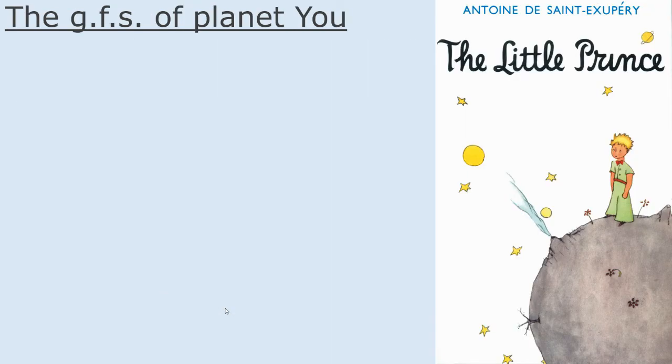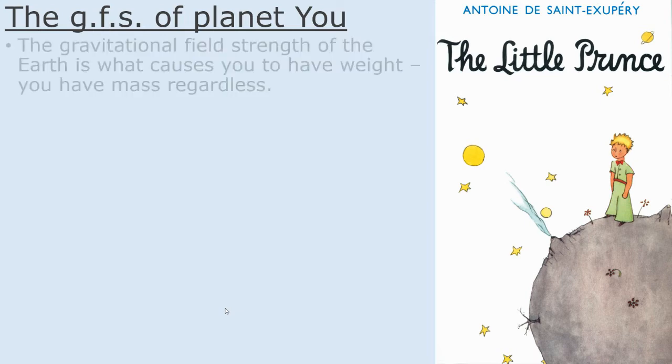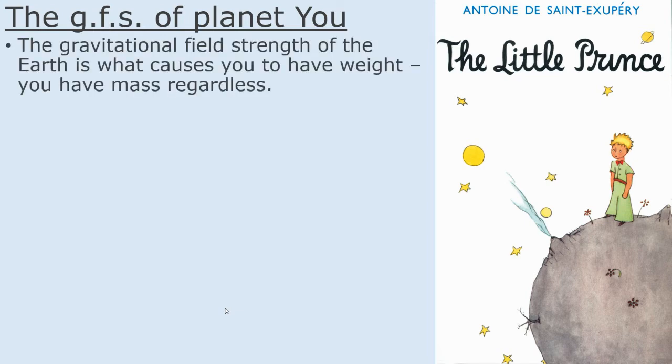So focusing on gravitational fields, then focusing on the weight of something. Gravitational field strength of the planet Earth is what causes you to have your weight. You've got mass, regardless of whatever planet you're on, whether you're in space, anything like that. You've always got your mass, and it doesn't change. Back in year 7, you probably did some kind of activity where you measured the mass of something, and then figured out how much it would weigh in newtons on different planets.